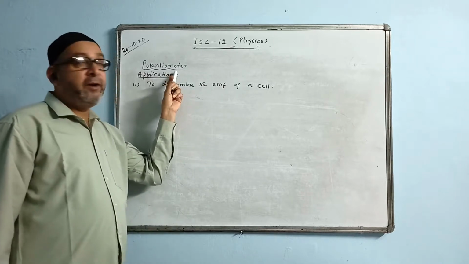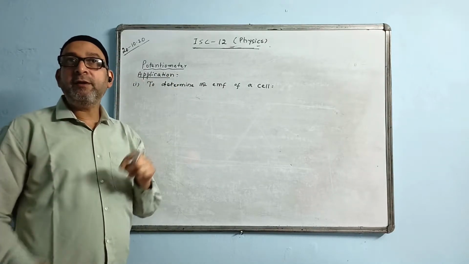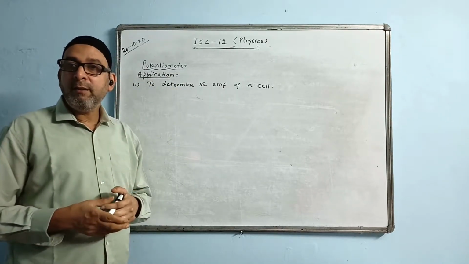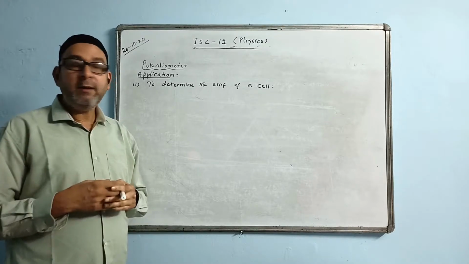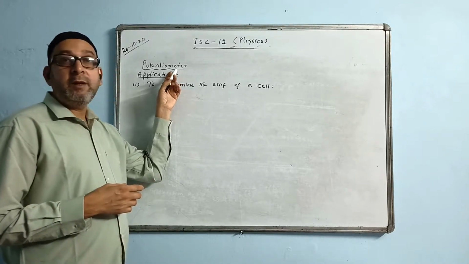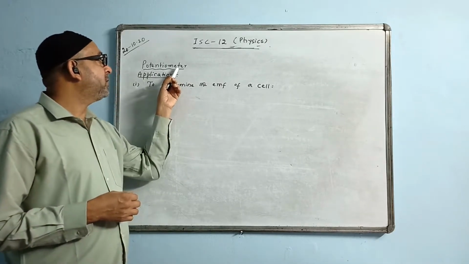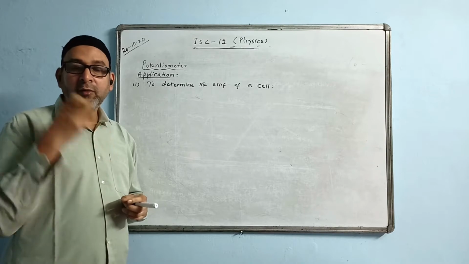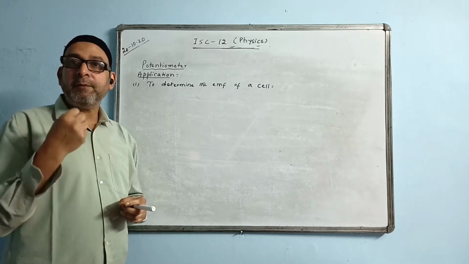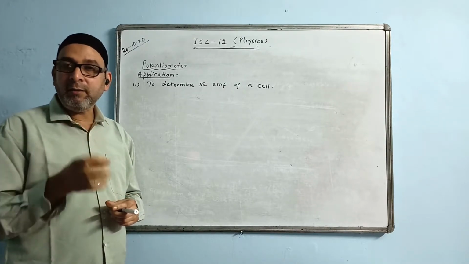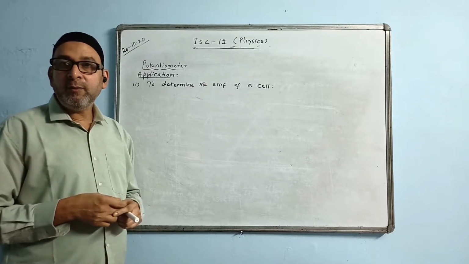It is preferred to a voltmeter in measuring the EMF of a cell because it works on the null deflection method, which means it does not draw or take up any current from the cell whose EMF is to be determined.